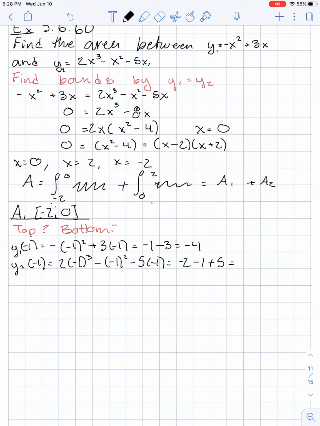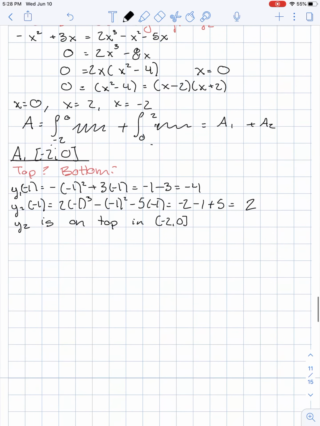So -2 minus 1 gives me -3, plus 5 will give me a +2. Right? So y2 is on top on that little interval, -2 to 0.